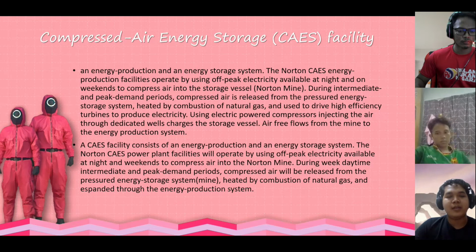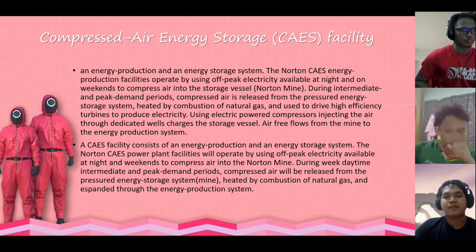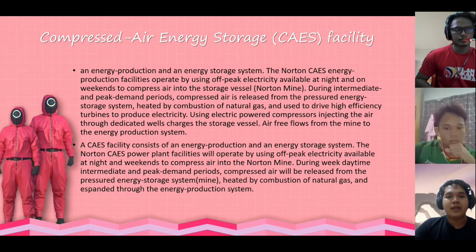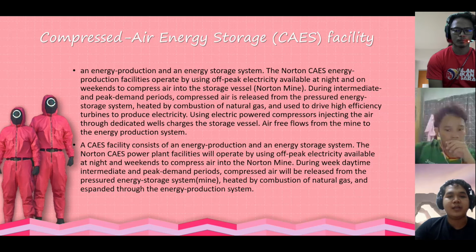The Northern CAES Energy Production Facility operates by using off-peak electricity available at night and on weekends to compress air into the storage vessel. During intermediate and peak demand periods, compressed air is released from the pressure energy storage system, heated by the combustion of natural gas, and used to drive high efficiency turbines to produce electricity.